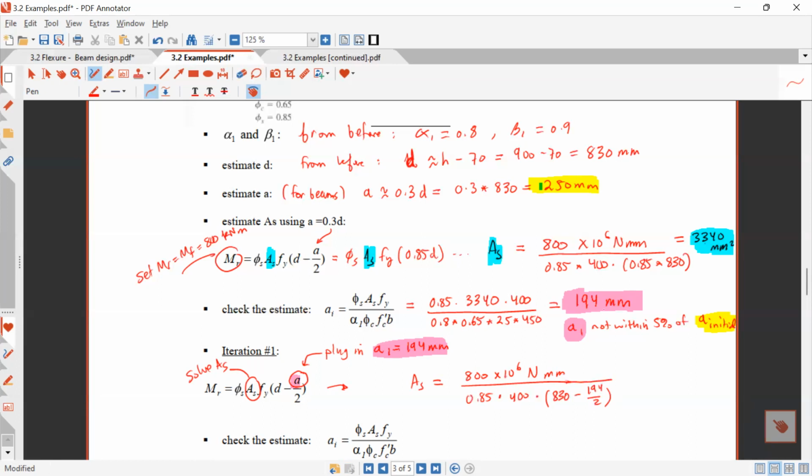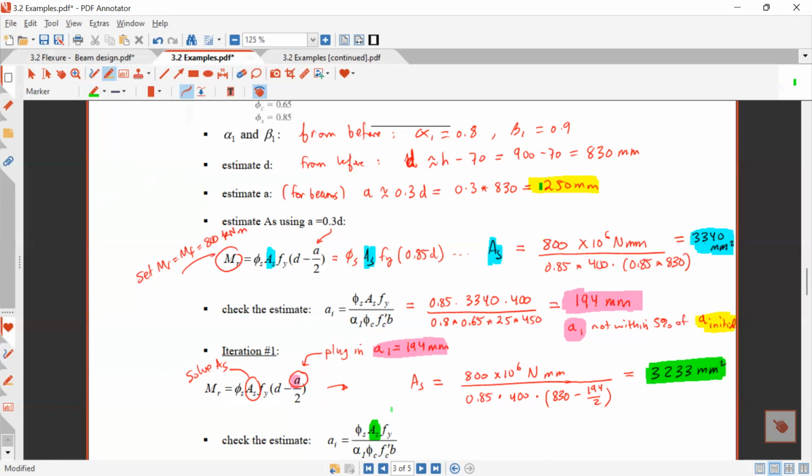So I took this A1 that I calculated here and I plug into this equation and then I solve for AS. If I do this and I solve, I'm going to find 3,233 millimeters squared.